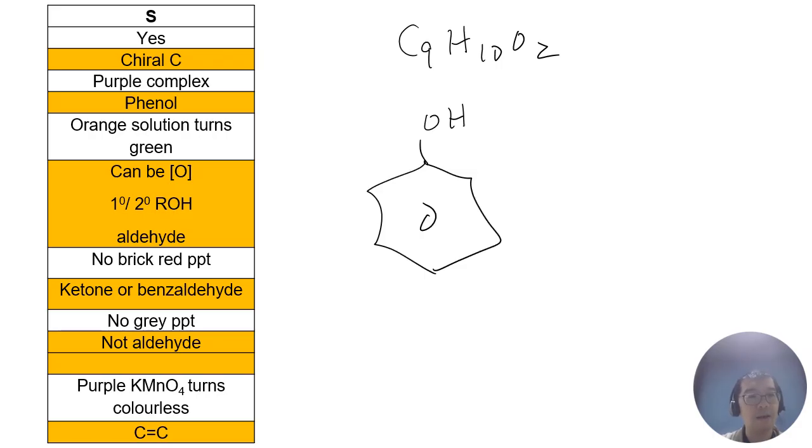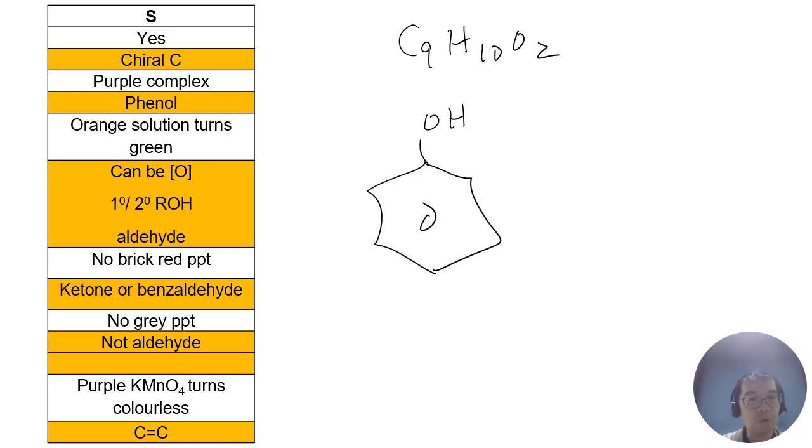No, it cannot be a ketone, because a ketone cannot be oxidized. But the deduction on the left shows that it can be oxidized. So since we already know that it's not an aldehyde, it can never be a ketone, so it must be an alcohol. And this alcohol must, most likely, be bonded to a carbon that is chiral.